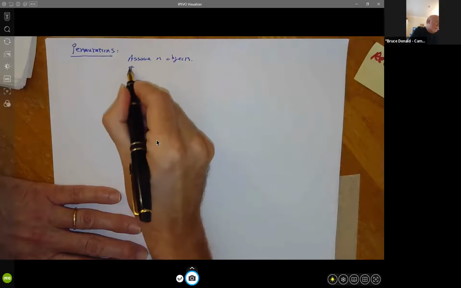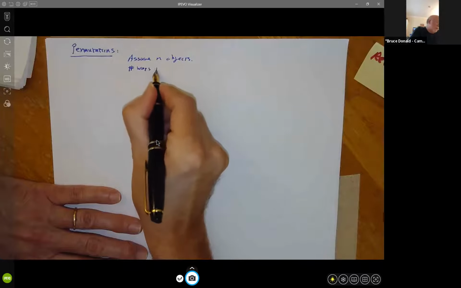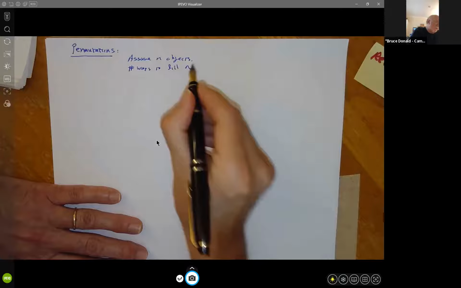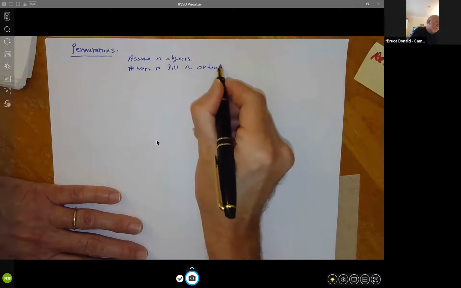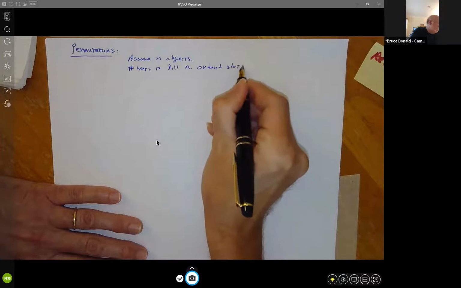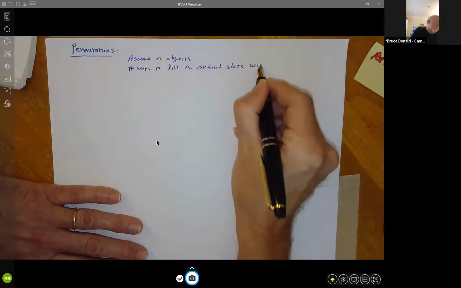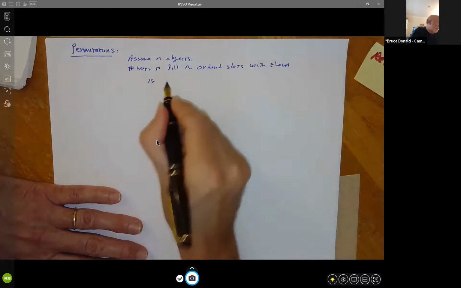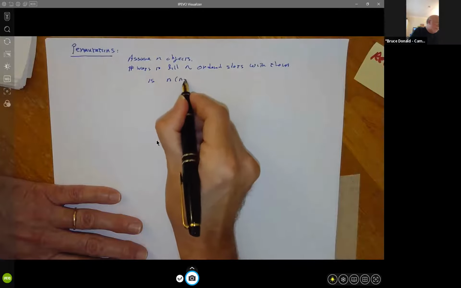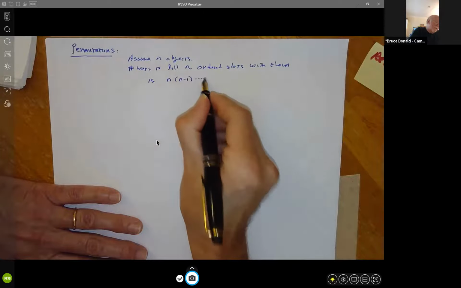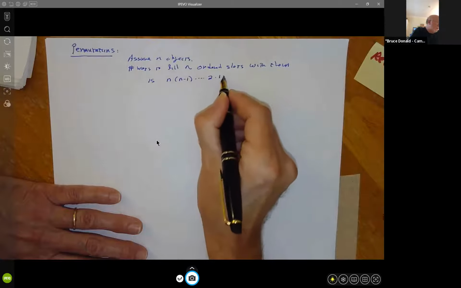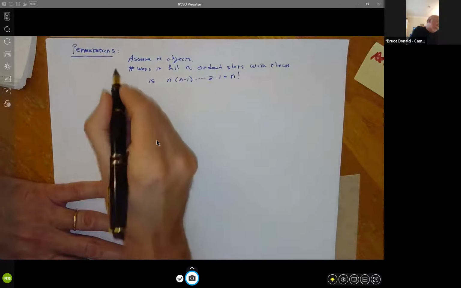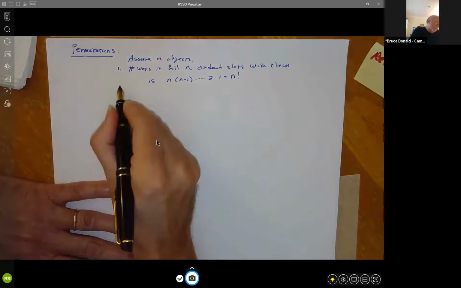The number of ways to fill n ordered slots is n times n minus 1, multiplied down to 2 to 1, which is equal to n factorial. That's sort of formula 1.